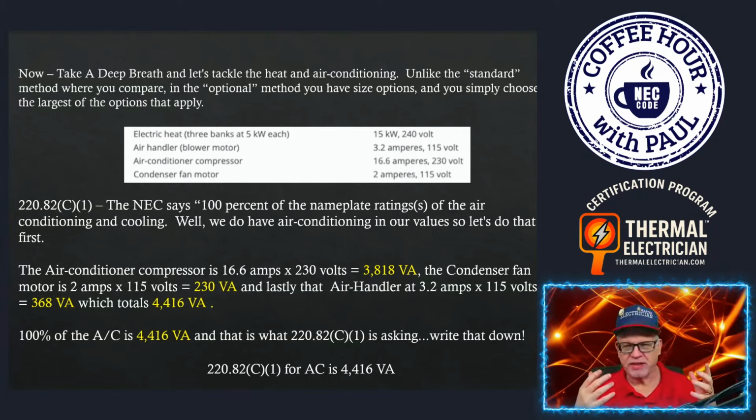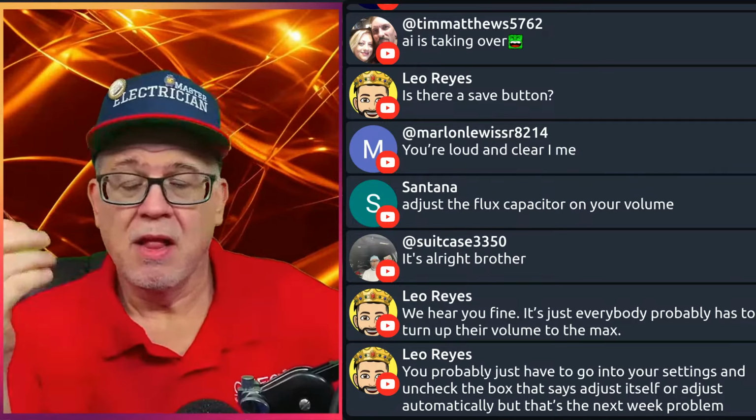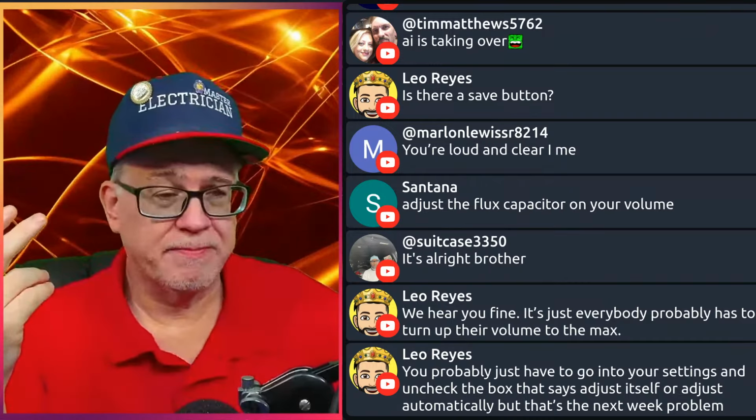So I can already tell you that in our example, I didn't even need to look at the air conditioning because the heat is 15,000. It's already the largest. So you get used to that and you can save yourself a step. That's why everybody does the optional method. There's no way you're going to use the standard method. Okay.